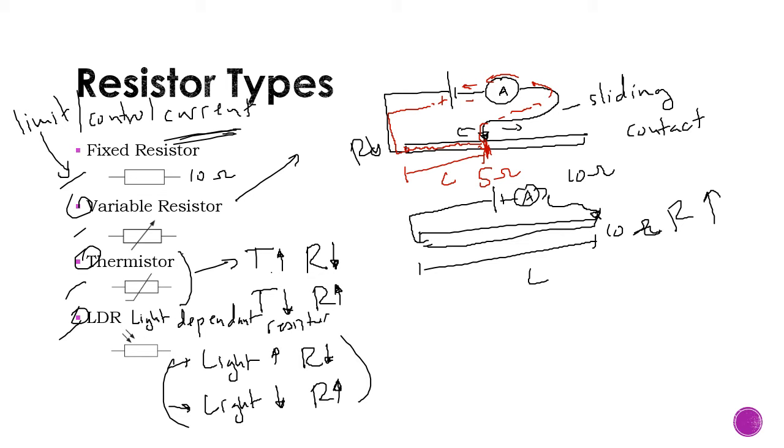The other three اللي هم الفاريبل والثيرمستور والLDR دول حاجات ليهم resistance يعني بتقاوم، بس they are not fixed، بيتغيروا. الفاريبل ريزيستور بيتغير لما بتغير اللينث بتاعت الواير، يعني لما الواير تطول الريزيستنس بتزيد، لما الواير بتقصر الريزيستنس بتقل. الثيرمستور بيتغير مع التمبريتشر، والLDR بيتغير مع اللايت بطريقه inversely proportional، يعني لو التمبريتشر او اللايت زادوا resistance will decrease، لو التمبريتشر او اللايت قلوا resistance will increase.